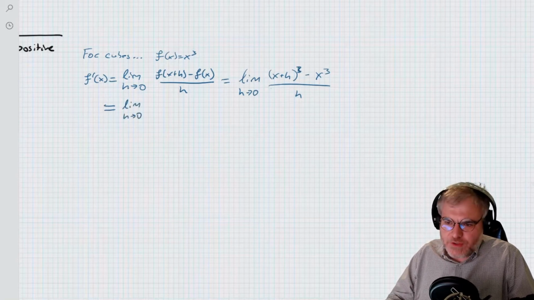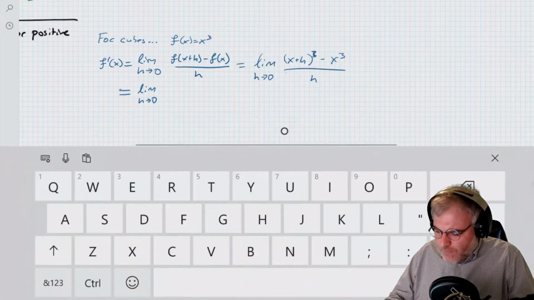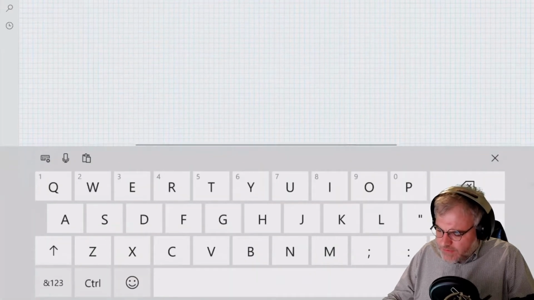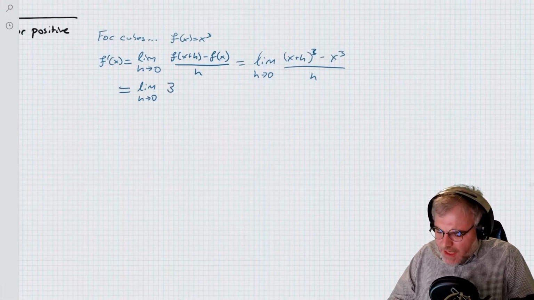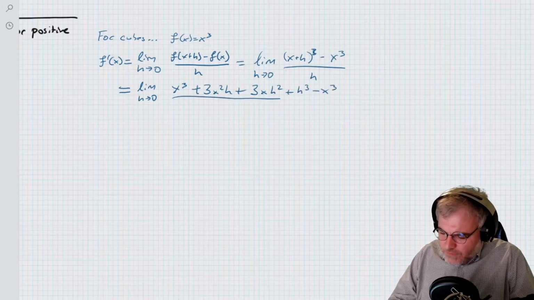And what I'm going to do is expand this. Verify on your own if you want to that this thing right here equals x cubed plus 3x squared h plus 3xh squared plus h cubed minus x cubed, all over h.